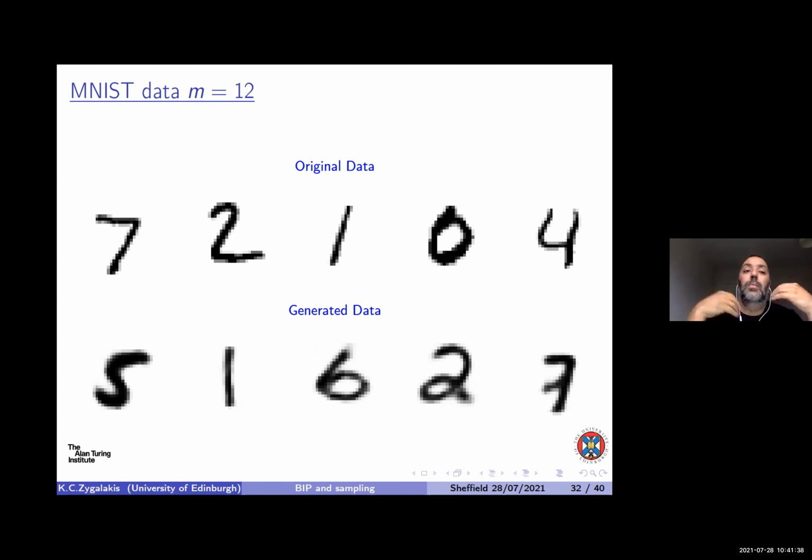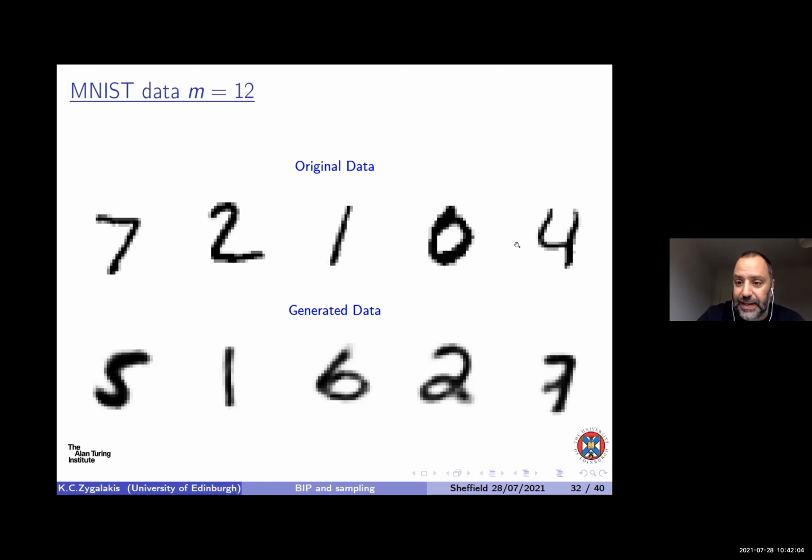So let's do the following experiment, which is actually quite nice and kind of cool, and that's partially the reason why people are using VAE. So I can generate a 12-dimensional Gaussian, a standard Gaussian. That's my Z, that's my latent variable. I will push it forward through my neural network, and this is basically going to give me an image on the space of X. And this is basically what you see here.